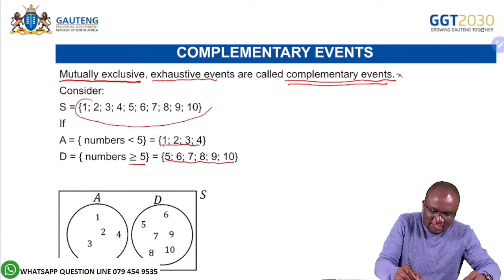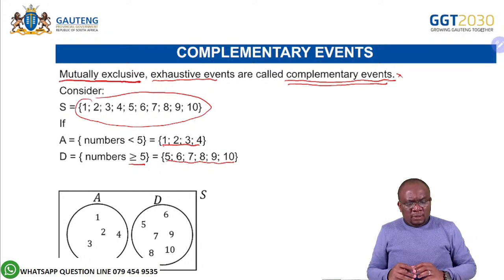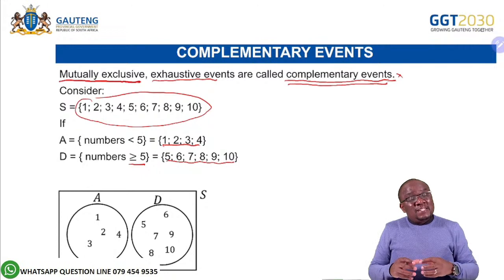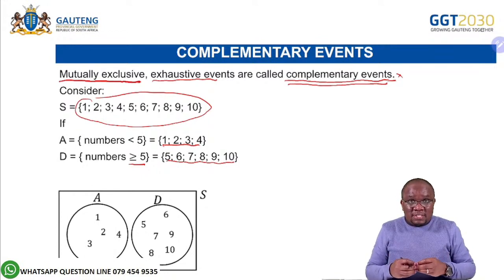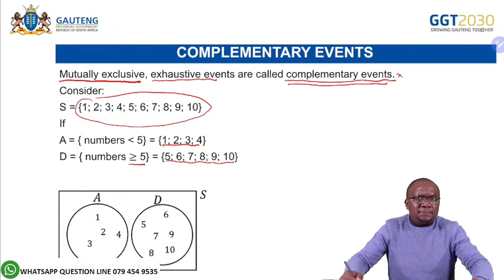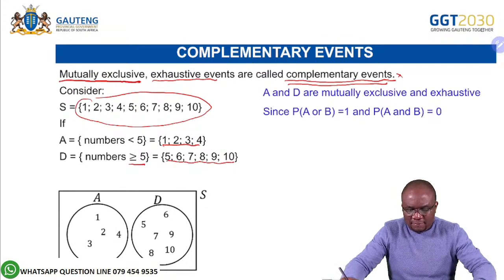Every item you see here is inside A or D. And these events are also mutually exclusive because they do not intersect. So this is a good example of complementary events.